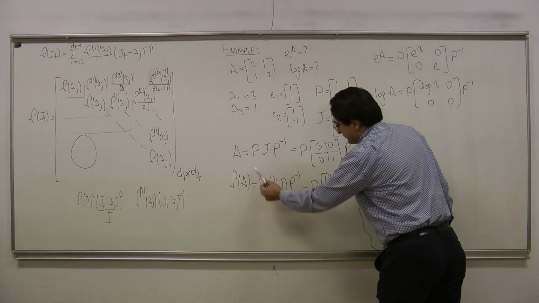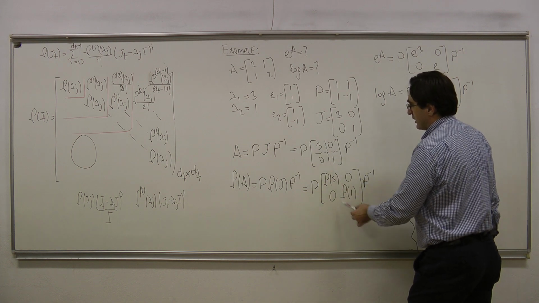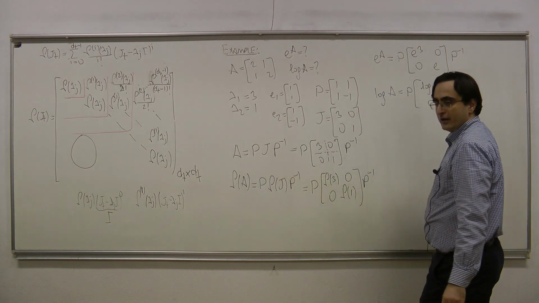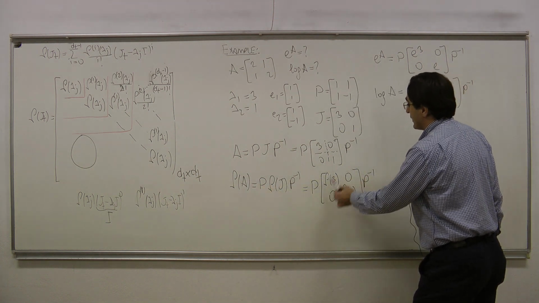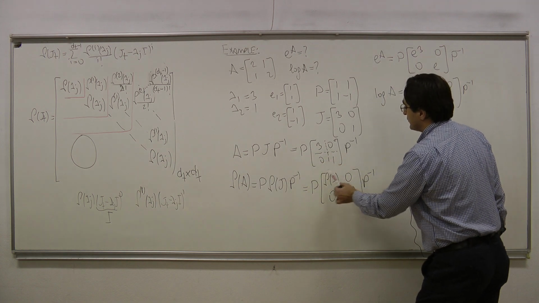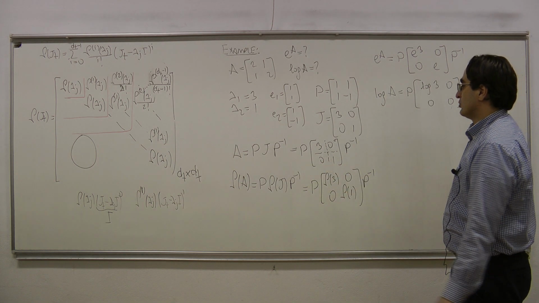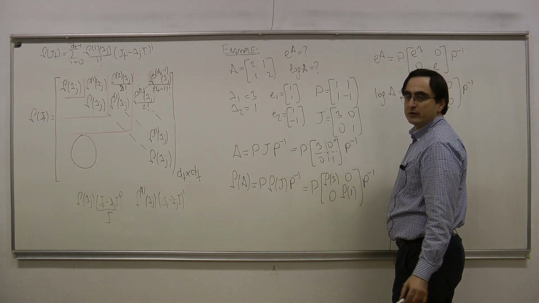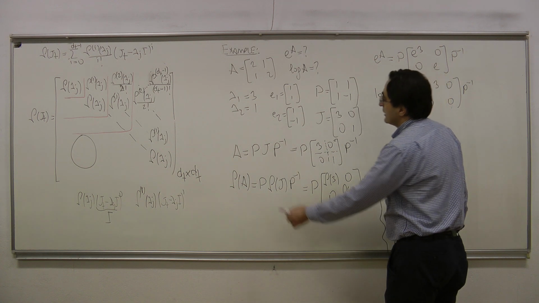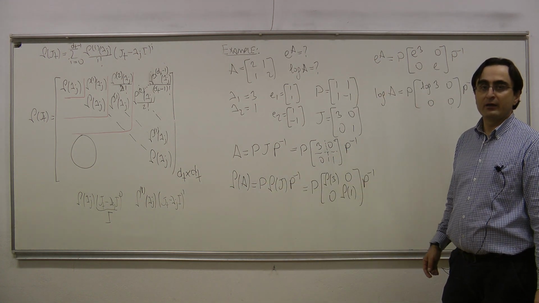But look at f of A. f of A has exactly the same structure as A, except that these diagonal elements are changing. The eigenvalues of A are on the main diagonal of its Jordan canonical form. What about the eigenvalues of the function of the matrix, f of A?